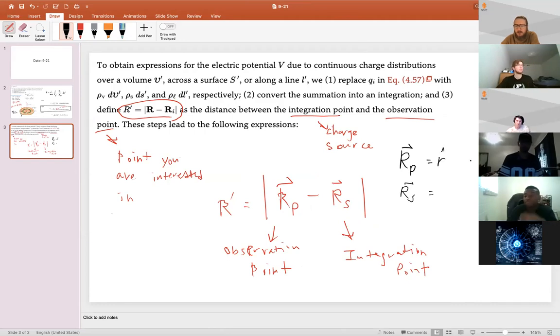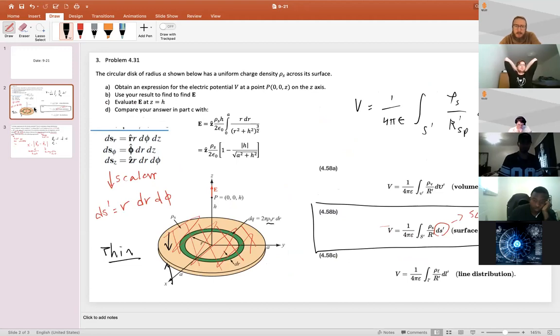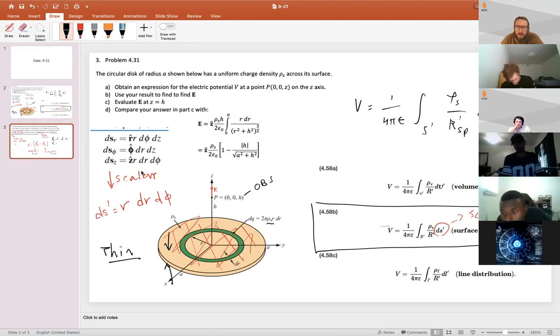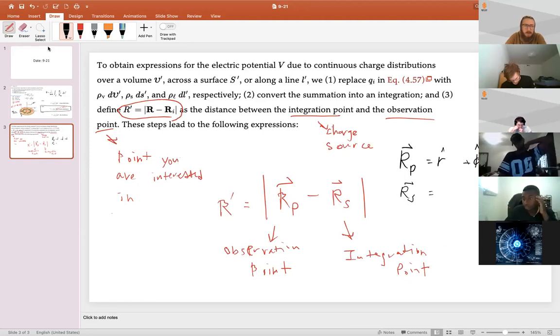All right, so if it's in cylindrical, what would a vector from the origin to the observation point be? Does it go anywhere in the r direction? That's going to be H because it's only moving in the z direction. So we could write 0, 0, H. Is that correct? Yes. Okay.